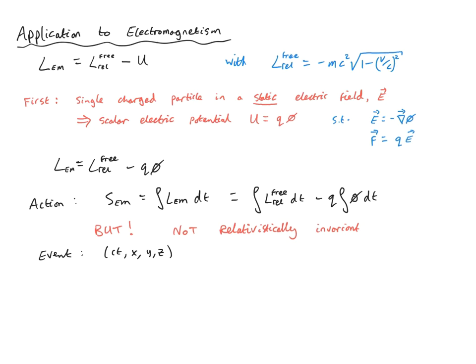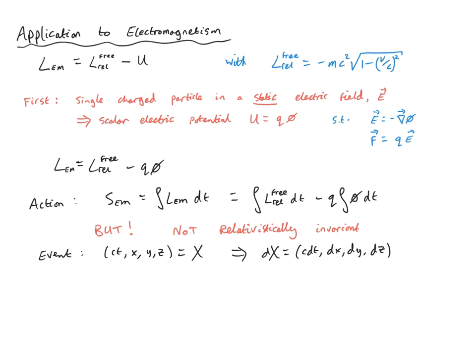Actually, it's the time multiplied by the speed of light, so it's dimensionally consistent. So let's denote this event 4 vector by capital X. I can make from this an infinitesimal dX, which is, of course, just c dt, dx, dy, and dz.